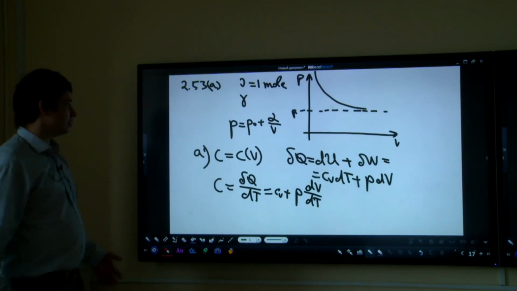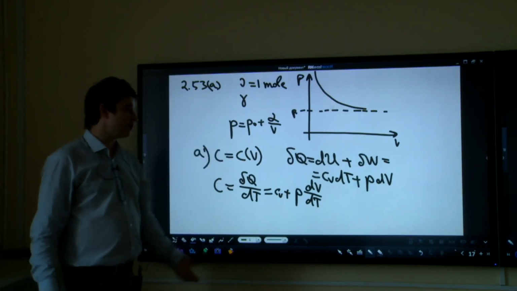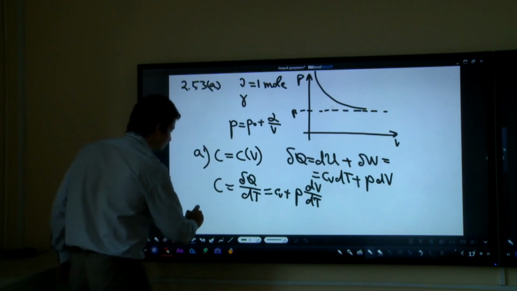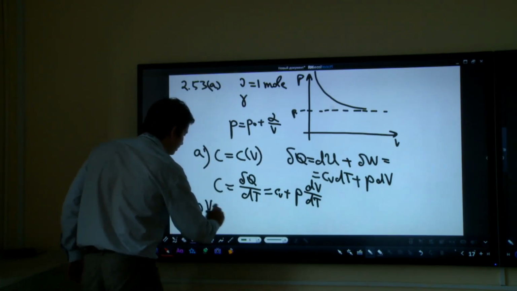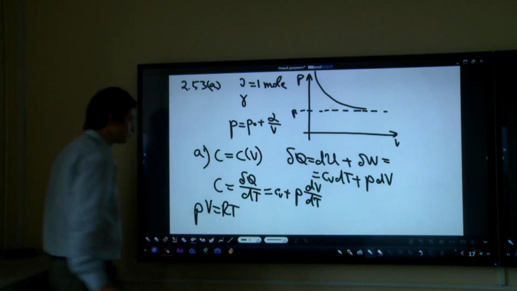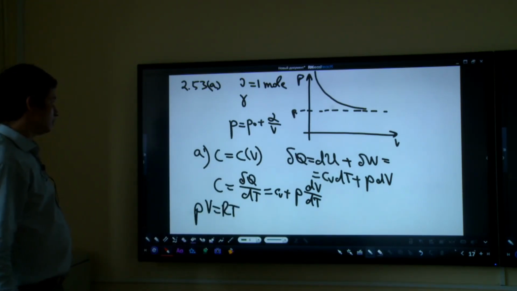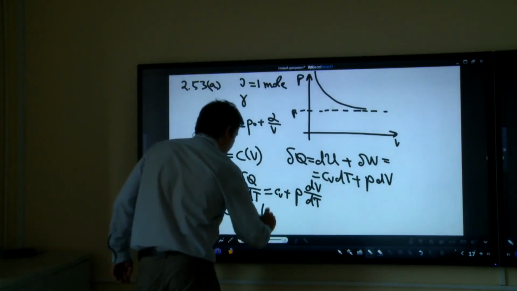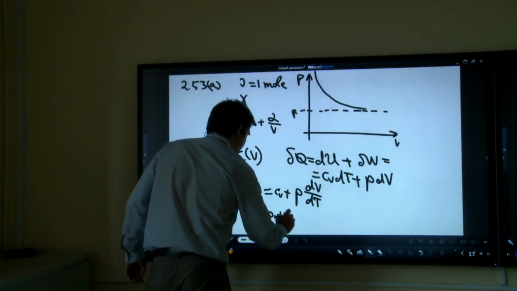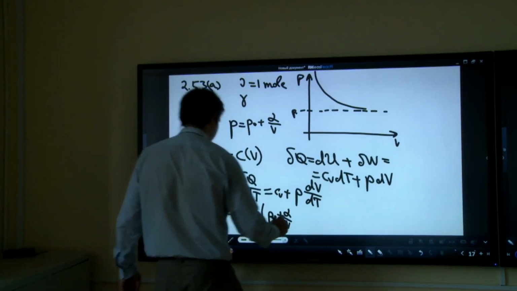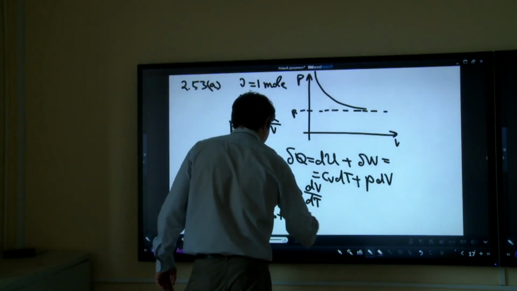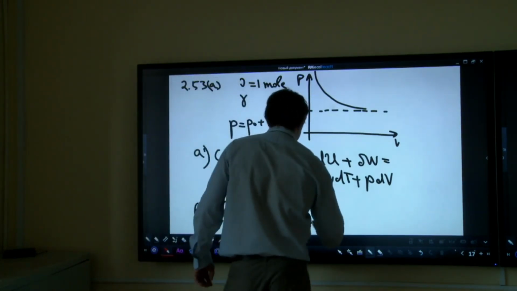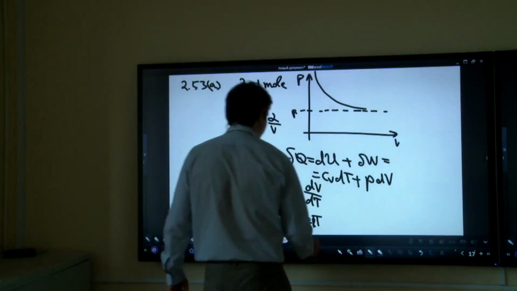Well, I know pressure and volume, so I can determine the temperature via the thermal equation of state, PV equals RT. So I can write that P0 plus alpha over V, times V, equals RT.